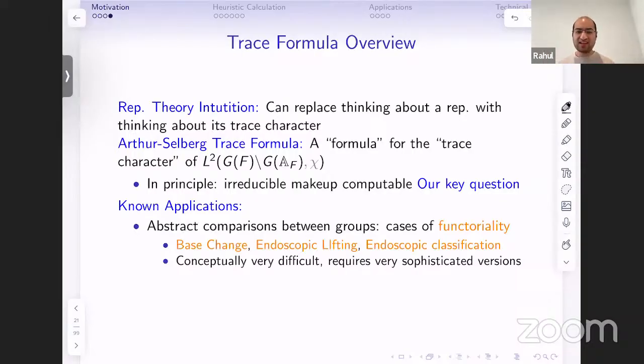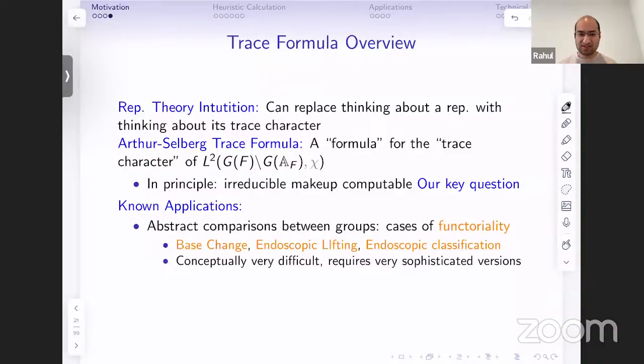Then you can say that a piece of the formula on one side also appears on the other side. This gives you a lot of information for cases of Langlands functoriality that came up in previous talks, basically transfers of representations from groups to other groups. There are three cases of Langlands functoriality that are the known applications so far. People have talked about base change. There's something called endoscopic lifting, and there's something called the endoscopic classification.